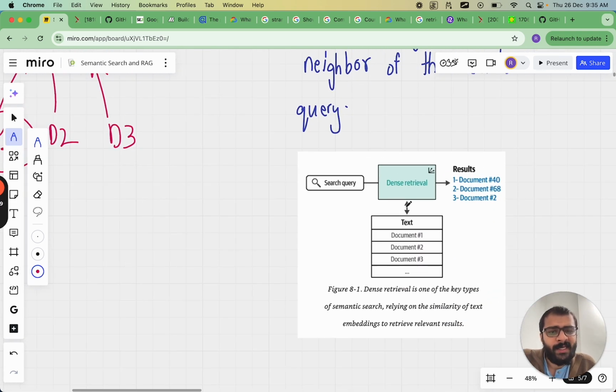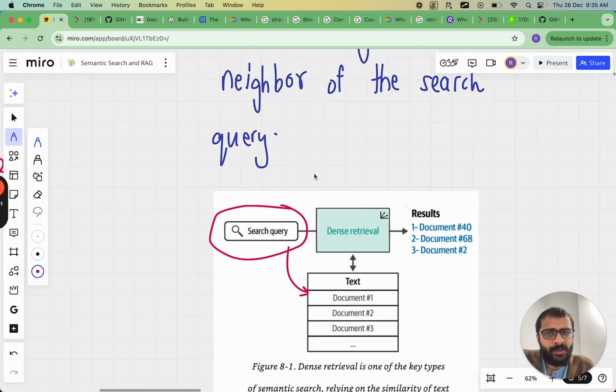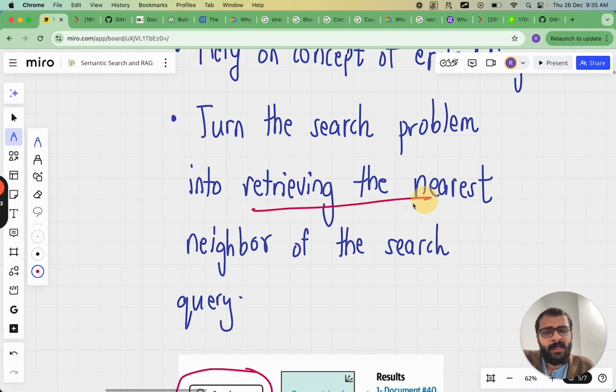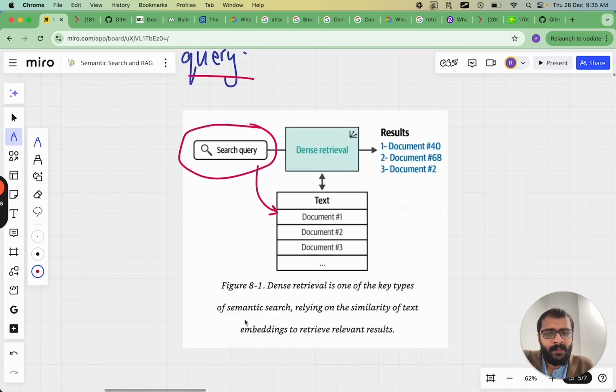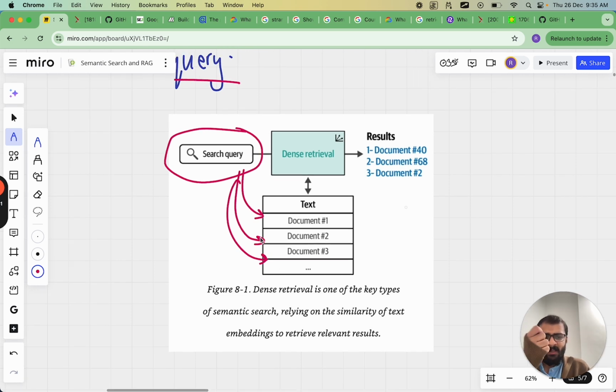So here's the schematic of how it looks. We have the search query, right? And then we have all the different documents which are also converted into vector embeddings. Then we try to retrieve the nearest neighbor of the search query. So among these, we try to find which of the documents are the nearest in the vector space. And the way near or far is quantified is the distance metric in the vector space. That we will come to when we talk about dense retrieval.